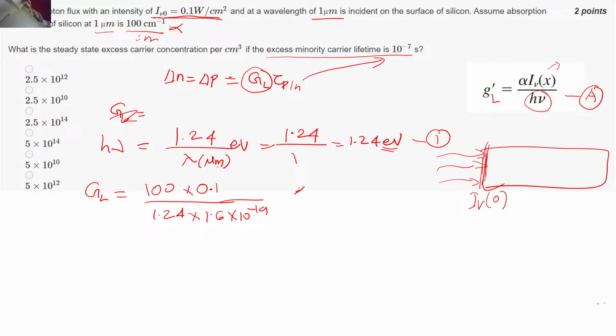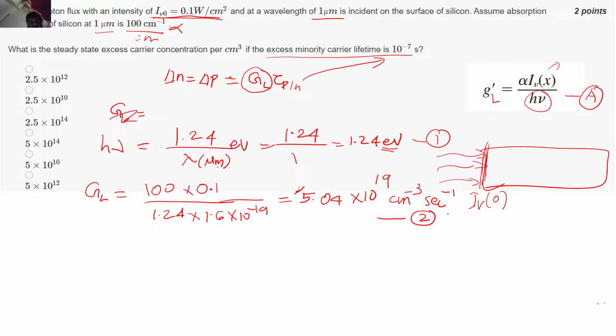If you calculate this, the value comes out to be around 5.04 into 10 to the power 19 cm to the power minus 3 second inverse. This is the value of G_L that we are getting.